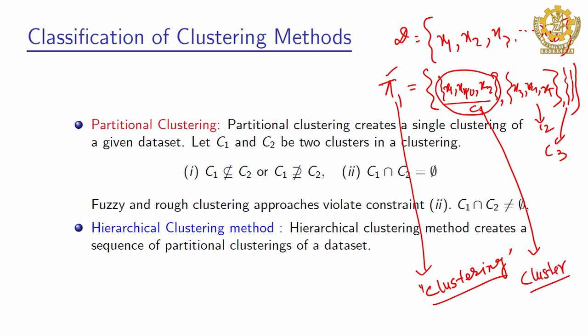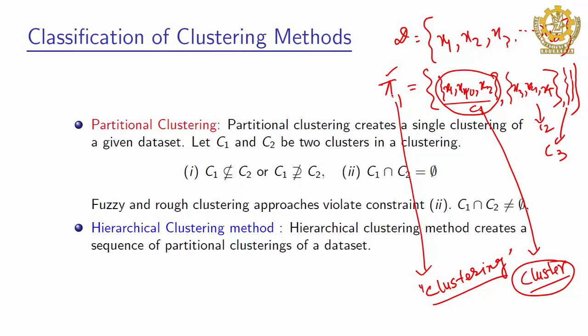Do not get confused. The entire result is called the clustering or partition, and this individual group is called the cluster, and the technique is also called the clustering technique. So, two terms: cluster is a group of objects, clustering is the entire partition of the objects.